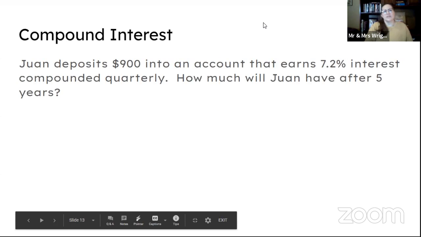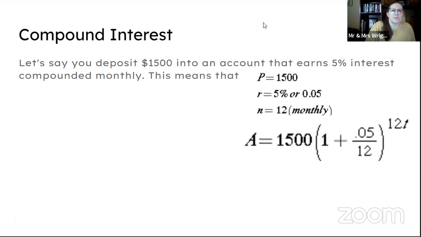Let's go back to this equation. It doesn't ask us this, but I want to know how much you would earn after 2 years. So we need to figure out how to plug this into the calculator.